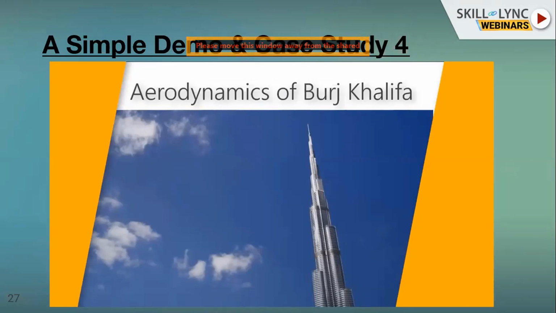This video shows how the CFD simulation is being carried out on the world's tallest building, Burj Khalifa, under different wind load conditions. Those who don't know, Burj Khalifa has a height of about 830 meters. 830 meters means, you can imagine, not even a single dam in India is of that height.